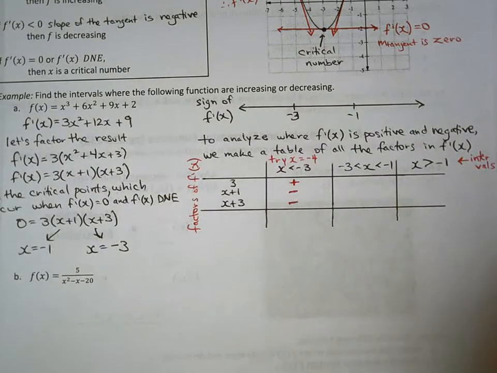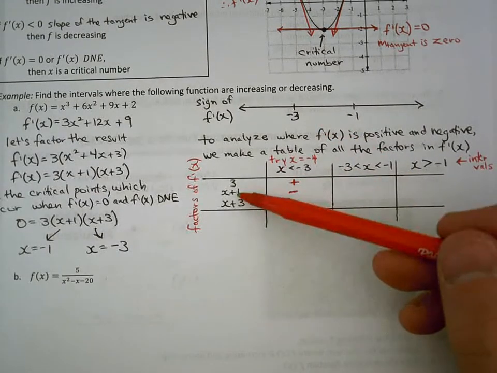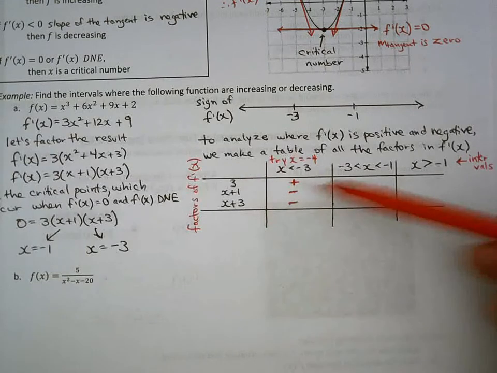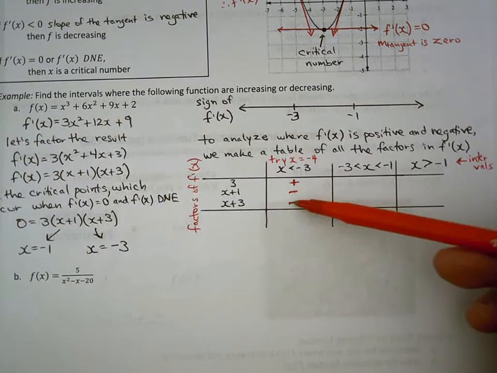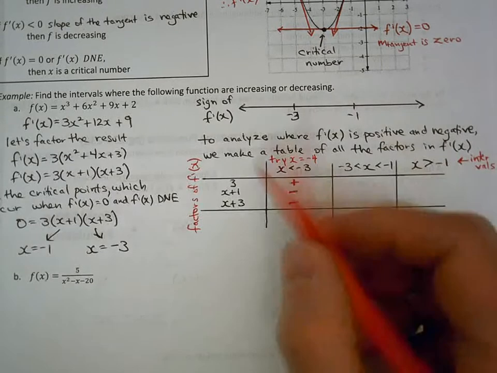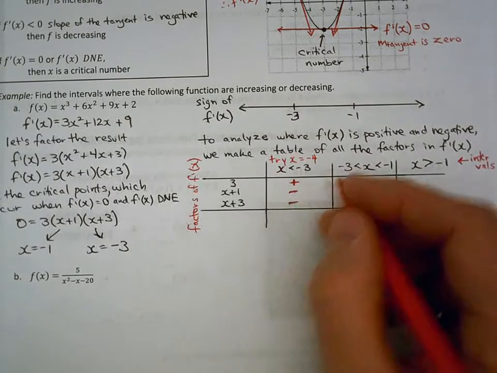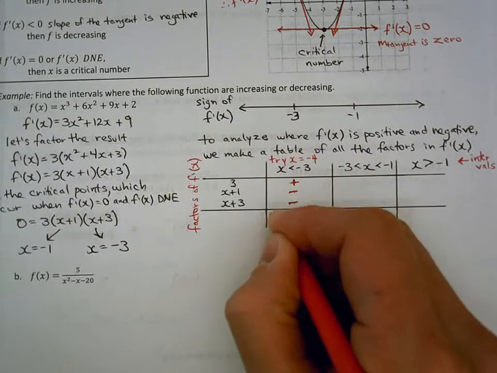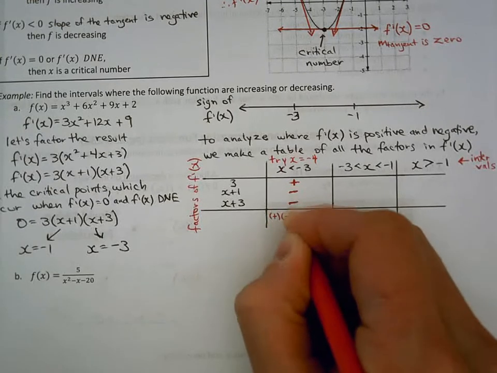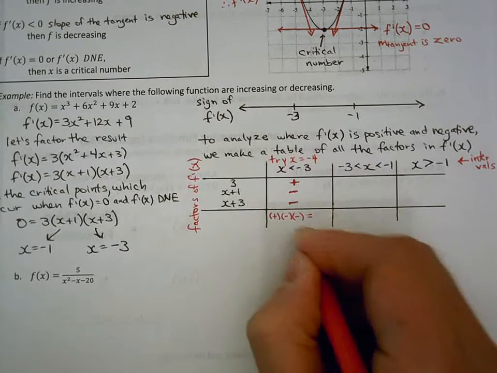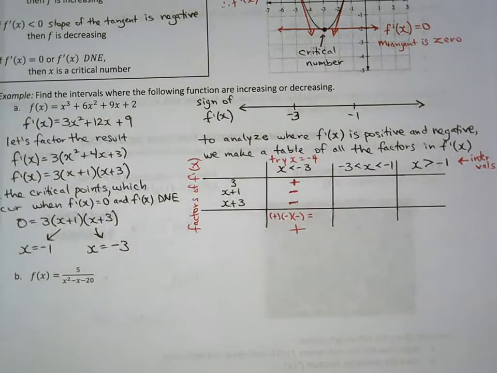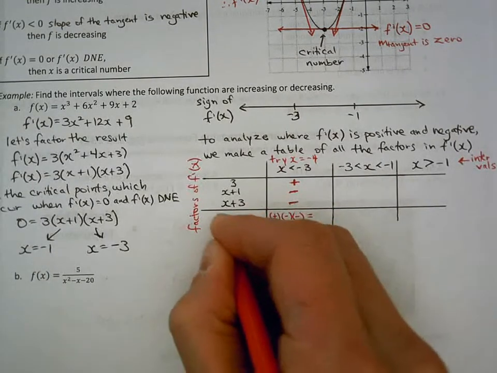So now my factors x plus 1 and x plus 3, when I multiply these together, I get a minus times a minus, which is positive. So this becomes plus. I'm just going to write out the steps once. You don't have to show this step. So this becomes positive. So that is my result.